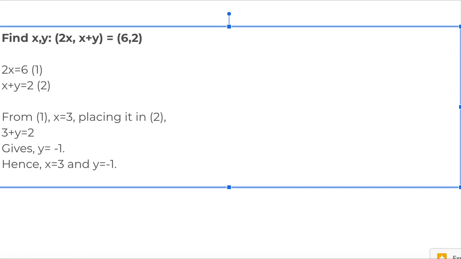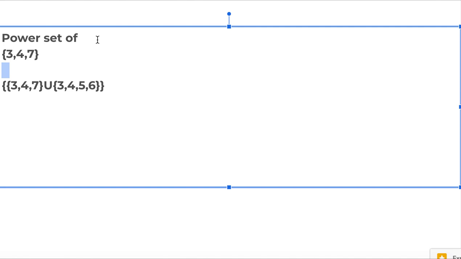Pretty easy, right? Good. Okay, next question is finding the power set of the given sets. You're given {3, 4, 7} as the first set, and {3, 4, 7} union {3, 4, 5, 6} as the second set, and you need to find the power set.